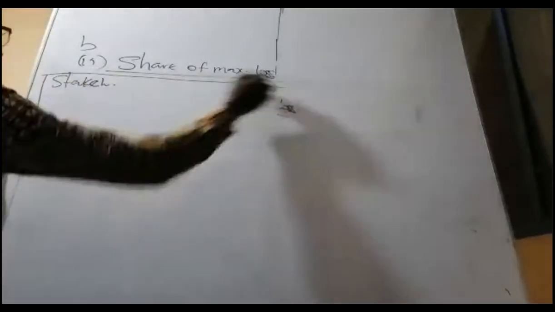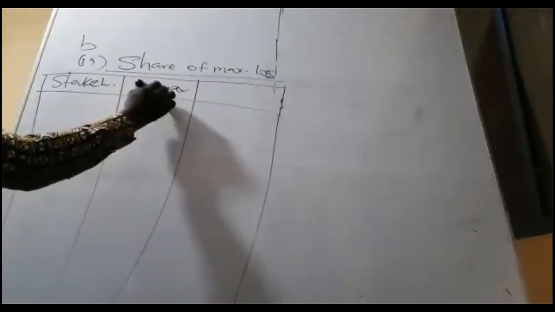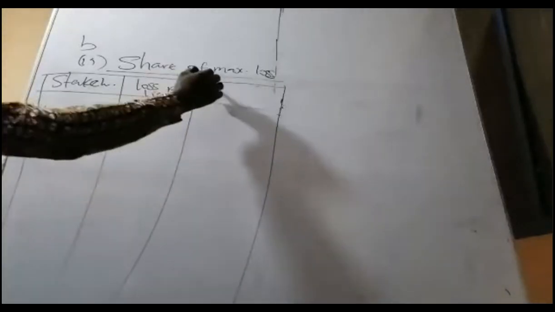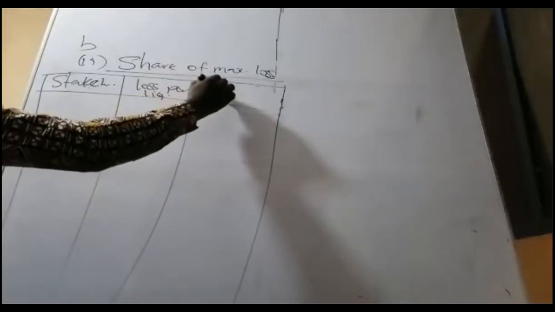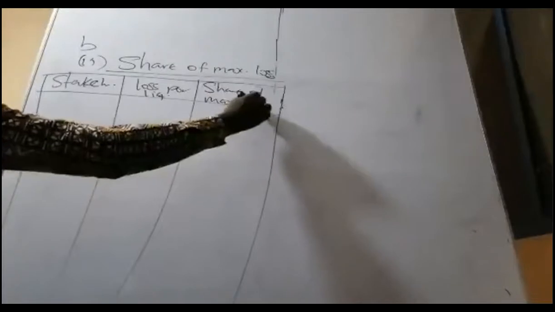Let's write all of them. Tell them that this is a loss per liquidation, and then this is a loss share of maximum loss.